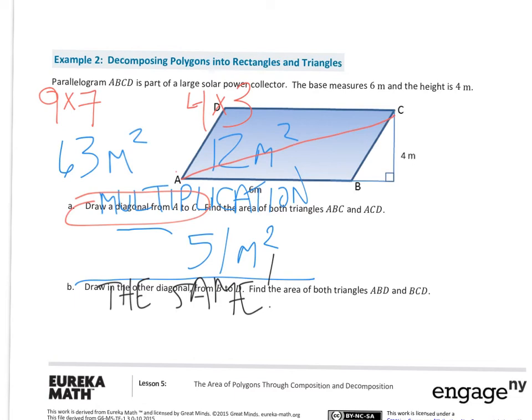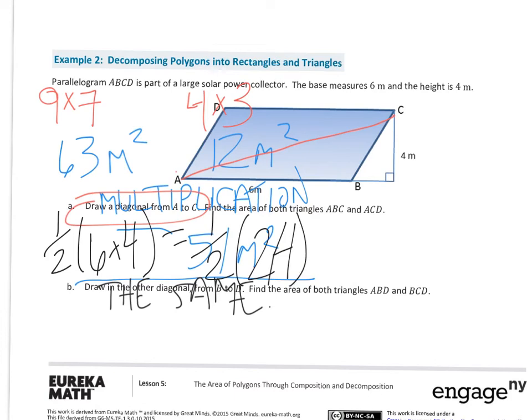So let's use our formula for triangles. So 1/2 base times height, or in this case 1/2 6 times 4. So the parentheses first, 6 times 4 is 24. So now we have 1/2 of 24. So please remember that multiplying by 1/2 like we're doing here is the exact same thing as dividing by 2. And 1/2 of 24 is 12. So the area of both triangles is 12 meters squared.